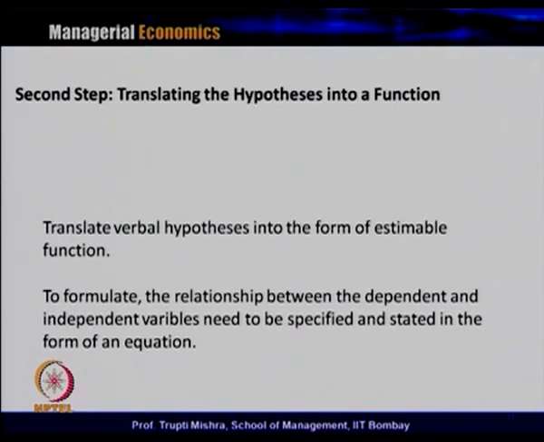So the hypothesis, as I was mentioning, is a verbal statement on the basis of some observed relationship between two variables. In the second step, we translate the verbal hypothesis into the form of an estimable function, and to do so, we need to identify what kind of relationship there is between the dependent and the independent variable.